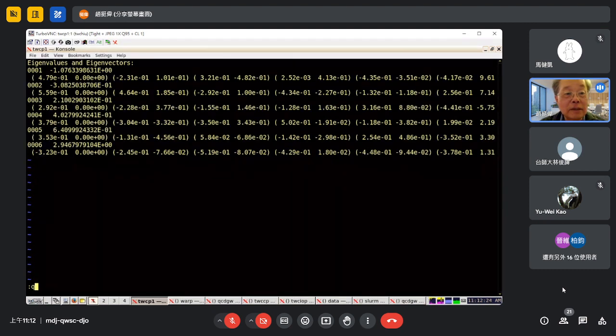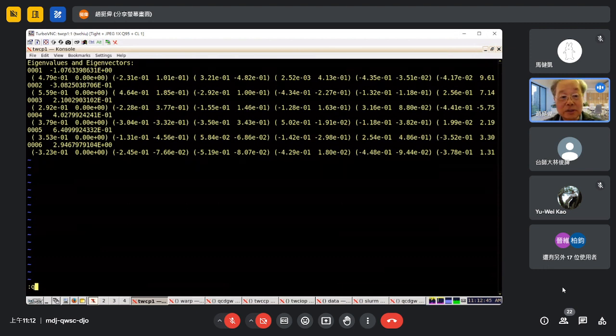Then you may get different errors, at least up to the machine precision, say 10 to minus 12 or something like that. Such a discrepancy must exist between LAPACK and MAGMA if you have a large matrix, say 8192.